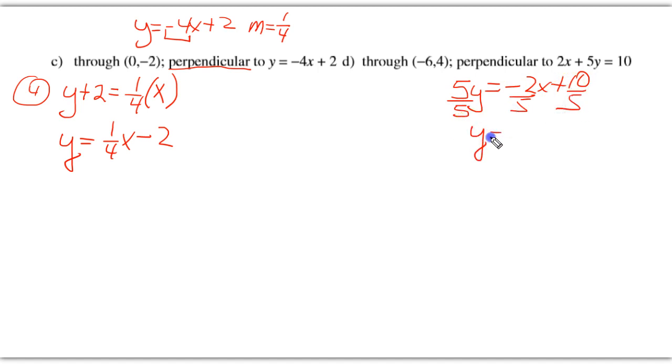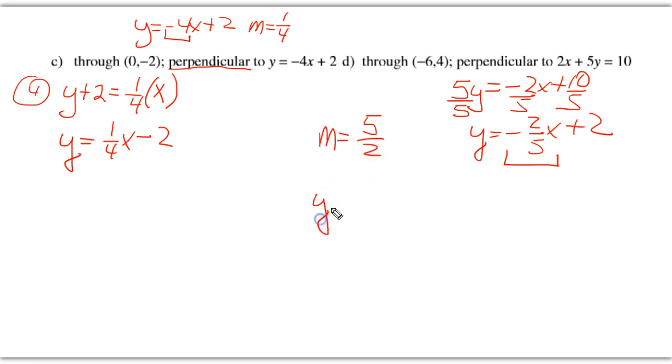We get y equals a negative 2/5 x plus 2. So what would be my slope of a line perpendicular? Well, it would be the opposite sign, so it'd be a plus, and then just flip this, 5/2. All right, so not too bad.